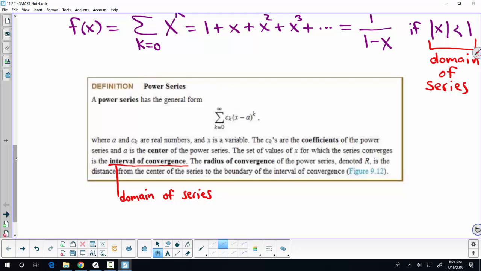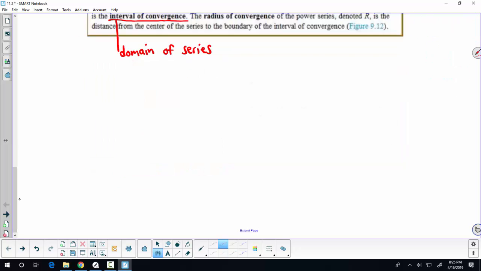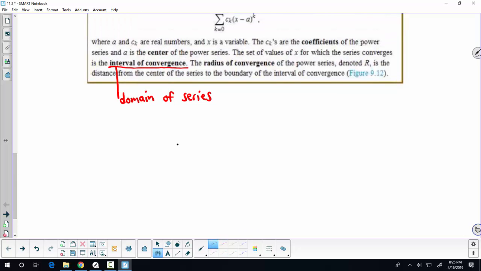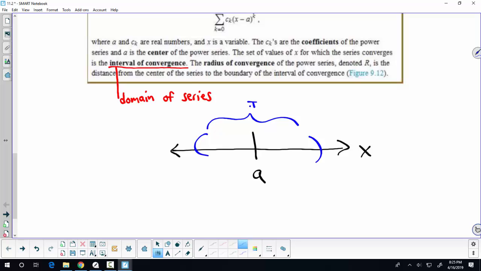And then the radius of convergence is from your center to one of those boundary points. So in general, there's our center. We come up with some interval of convergence, and the radius is just from the center to one of those points.